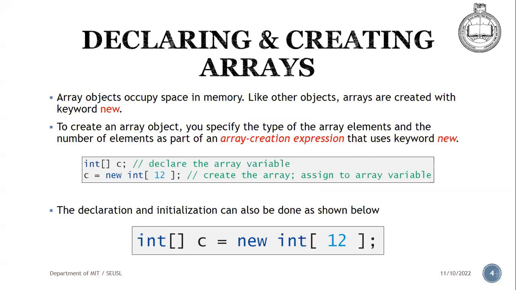So how the array can be declared and created. Array objects occupy space in memory. Like other objects, arrays are created with the keyword new.